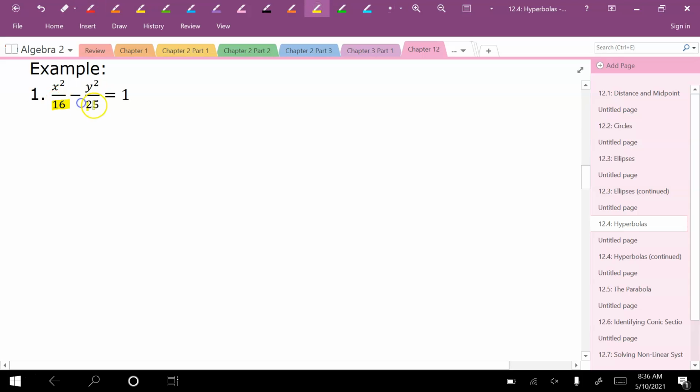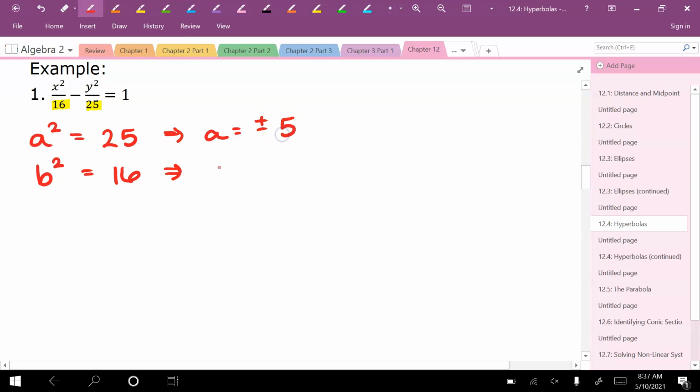I'm looking at the 16 and the 25. So 25 is my a squared, which means that b squared is 16. So to find a and to find b, we just square root those. So a is going to be plus or minus 5, and b is going to be plus or minus 4.